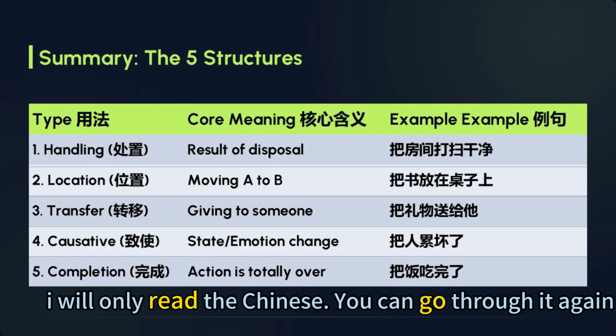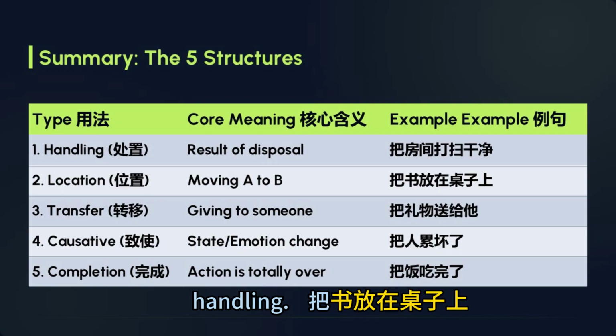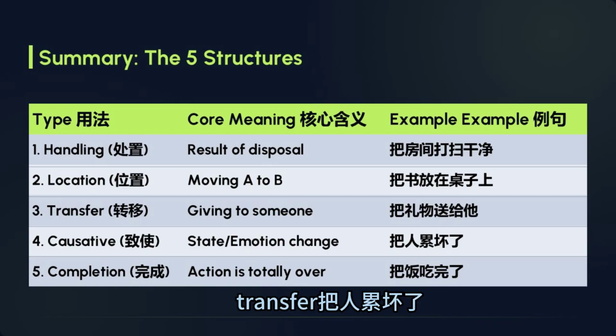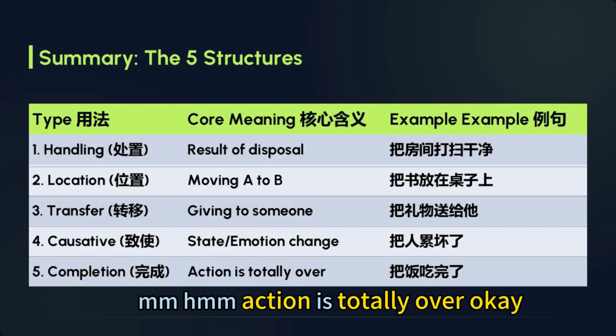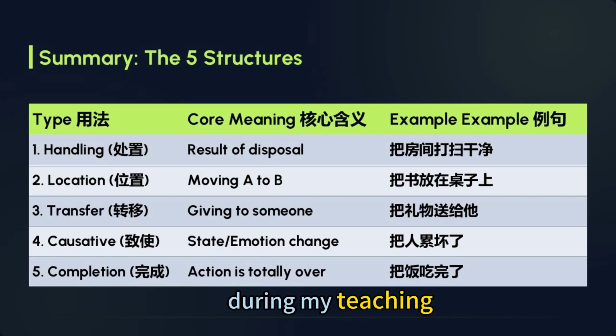You can go straight ahead. 把房间打扫干净, handling. 把书放在桌子上, location. 把礼物送给他, transfer. 把人累坏了, causative. 把饭吃完了, the action is totally over.